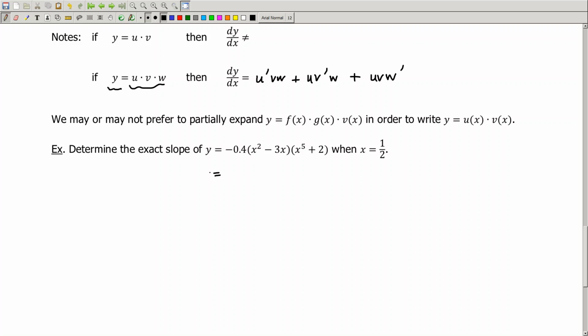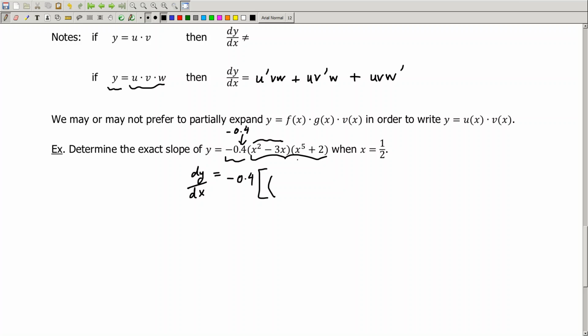Now, I want you to remember one thing. When you take the derivative of a constant multiple, that multiple can be left on its own on the side. Apply the derivative to the letter components first. That constant multiple will be tacked on at the end. So let's do this. Negative 0.4, and let's apply the product rule on the inside. I'm going to take the derivative of the first guy.